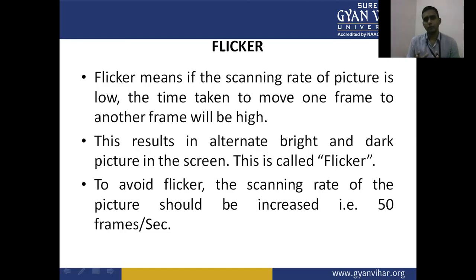Because the time period of movement from one frame to another is high, there is an alternate bright and dark picture in the scene, and this is known as flicker. To avoid the flicker, the scanning rate of the picture should be increased, that is, to 50 frames per second. So this problem is reduced by increasing the scanning of frames per second.